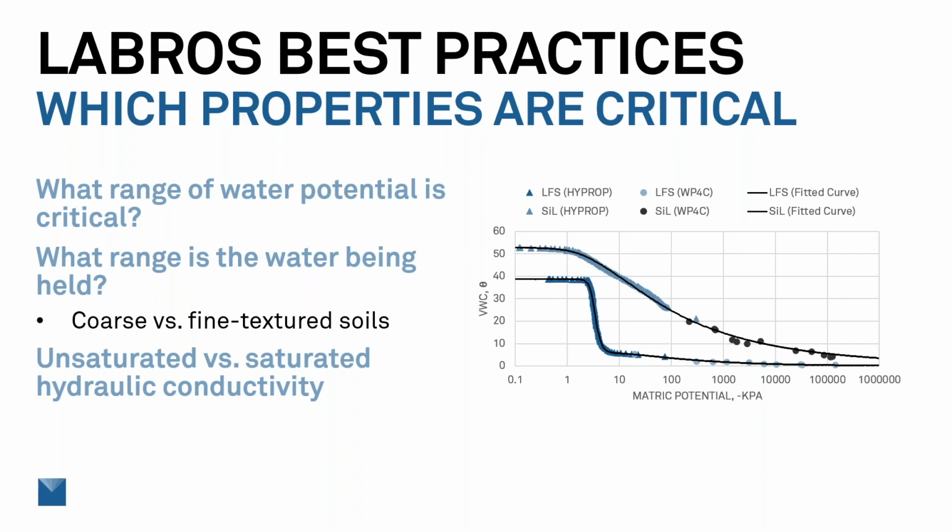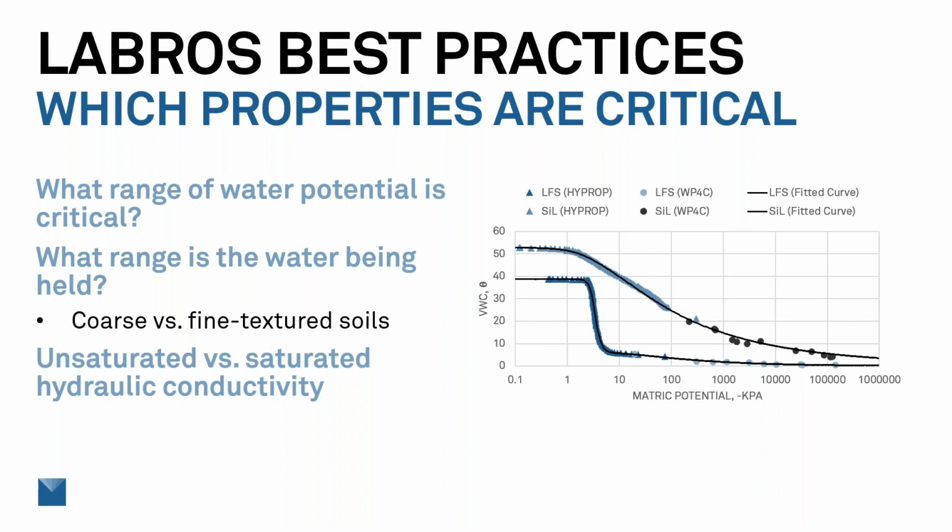So what you need to think about is, am I looking at coarser textured soils or fine textured soils? If we only used the HyProp on the silt loam, we wouldn't have characterized a big chunk of where the water is being held in that soil. So it can be important to use both devices for finer textured soils. For coarser textured soils like sands or soilless media, you can often get away with just using one device like the HyProp to characterize the soil moisture release curve.